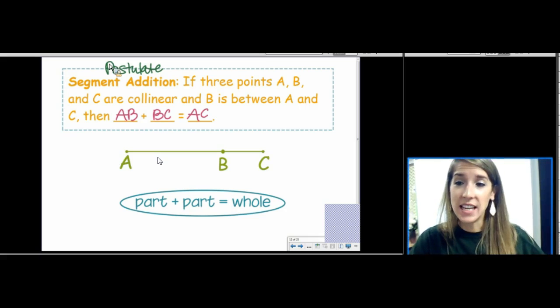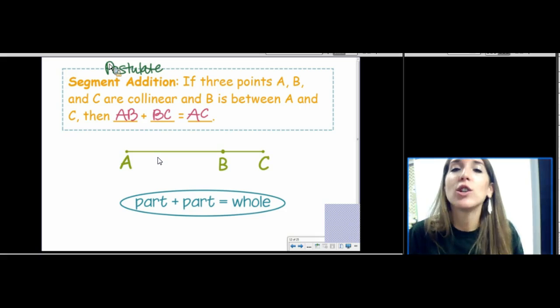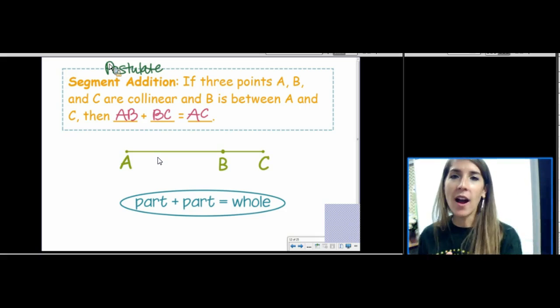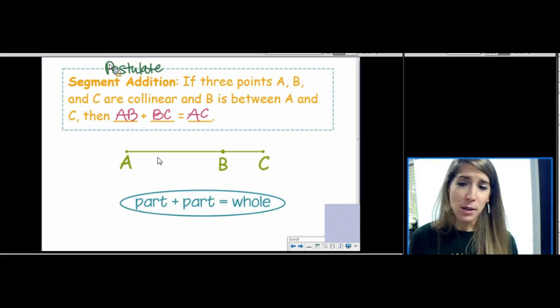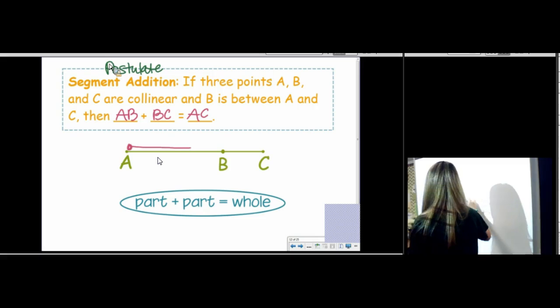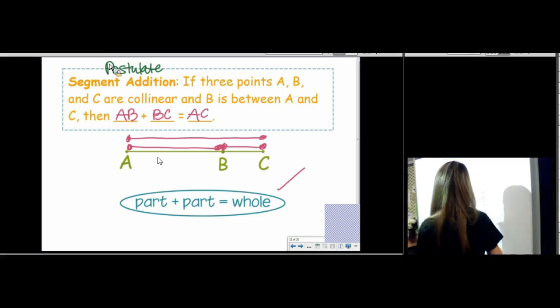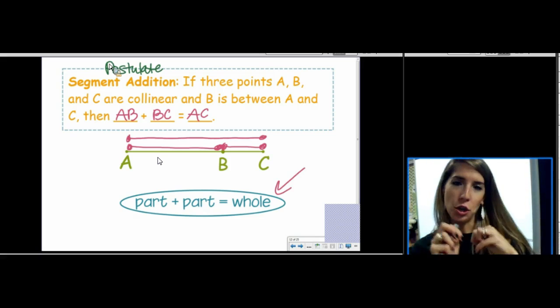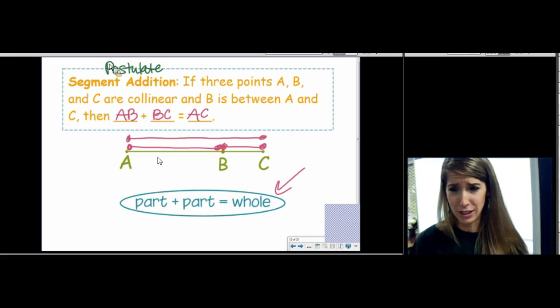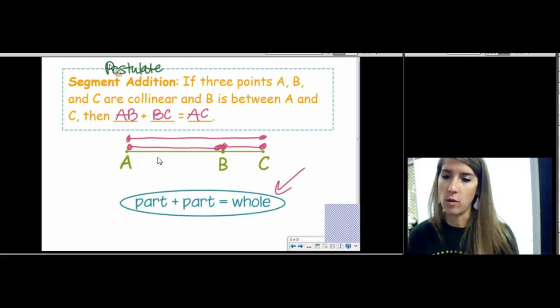The hypothesis is 3 points are collinear and B is between A and C. The conclusion is that part plus part equals whole. And that's what you'll probably hear me say the rest of the time. So this part plus this part equals the whole thing. That's layman's terms for the segment addition postulate. Part plus the part together combine to equal the whole.